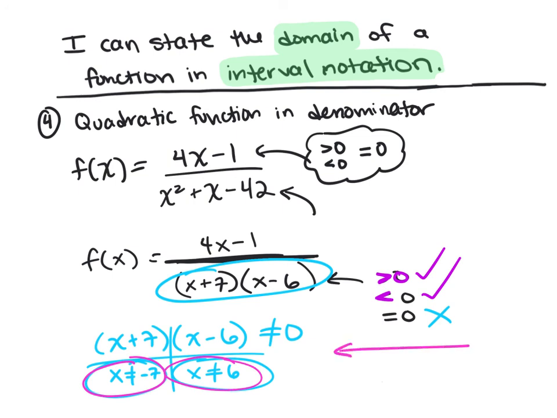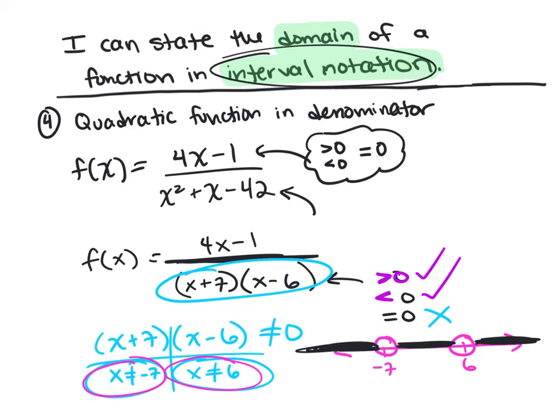So make a number line. We have negative 7 and 6. We can't be negative 7 and we can't be 6, but I can be everything here, here, and here. So again, we're going to need to union, right? We're writing this in interval notation, hence the union of sets of numbers. So we're starting all the way from negative infinity, going, stop at negative 7.